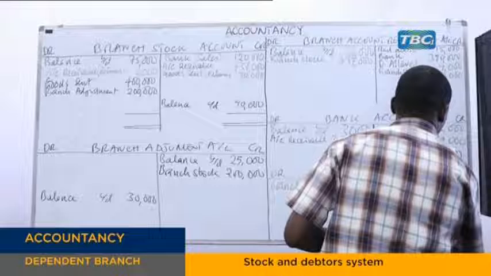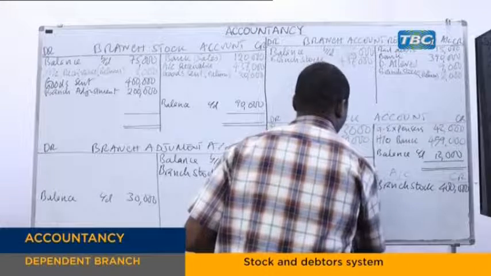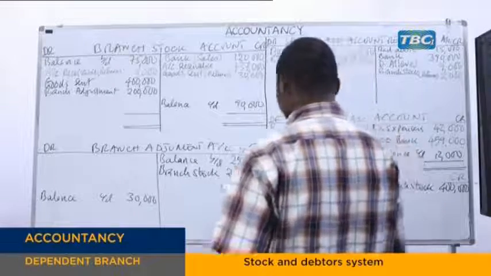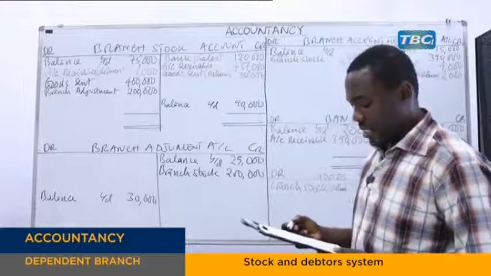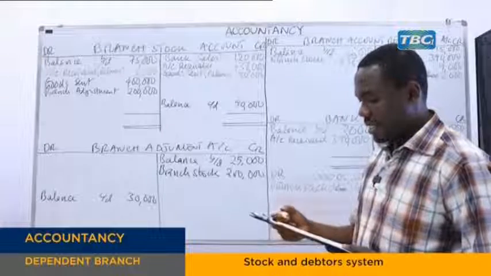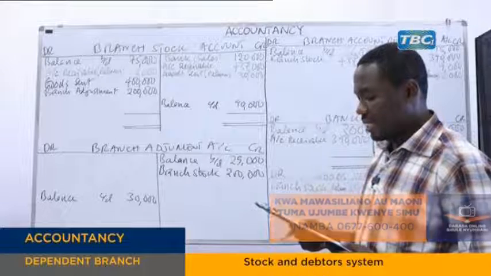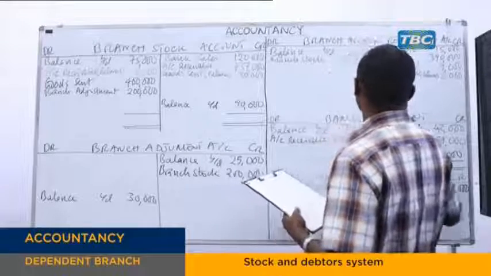So we need to have this account balanced. Yet we had also another balance, that was account receivable. Yes, 81.